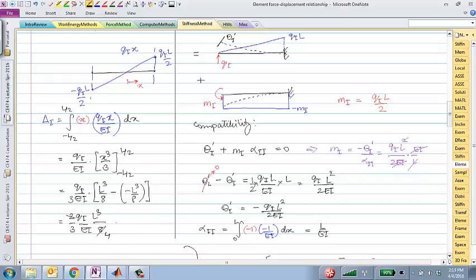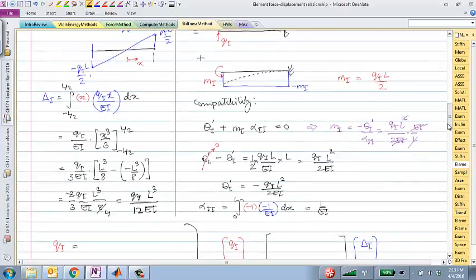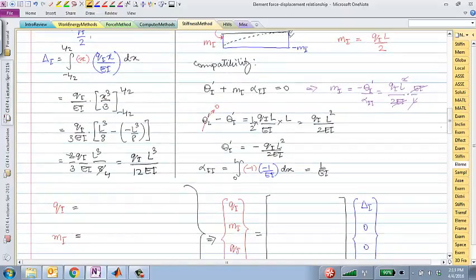That becomes 4. So it becomes QI L cubed over 12 EI, which means we have the first relationship that we wanted.